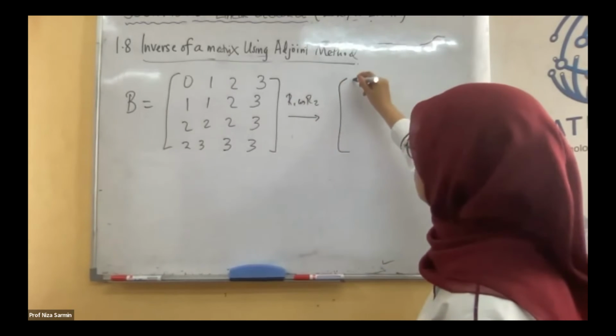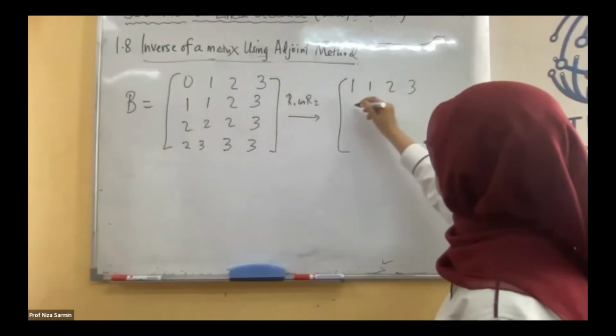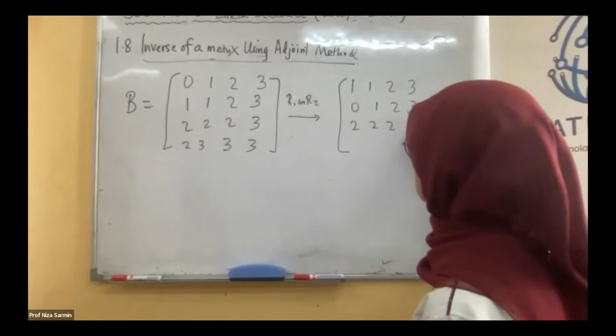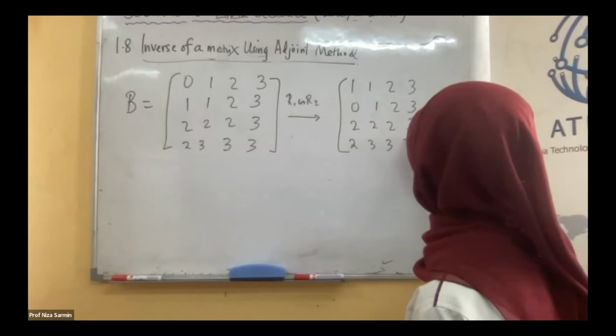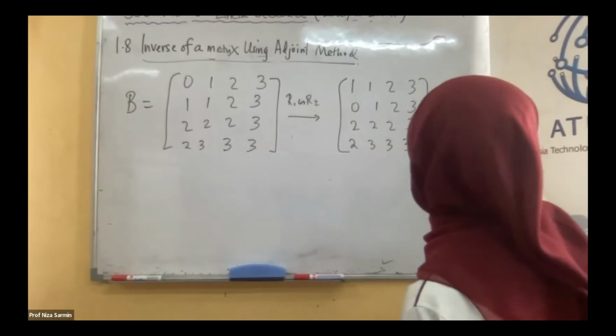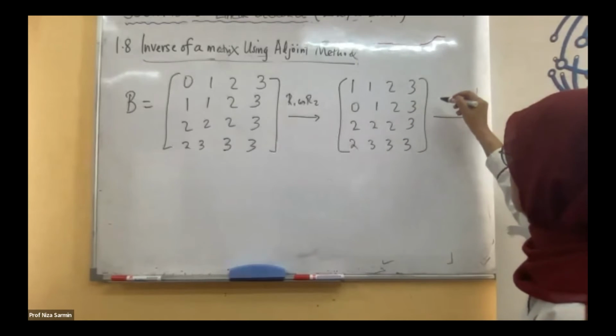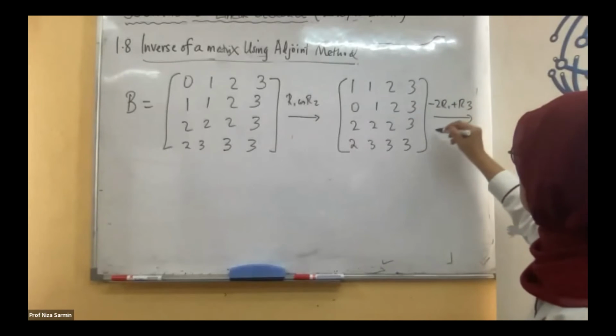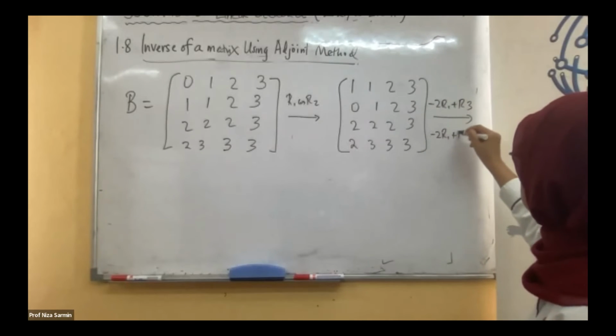Okay, let's do this. And then I will do, okay, -2 row 1 plus row 3, -2 row 1 plus row 4.